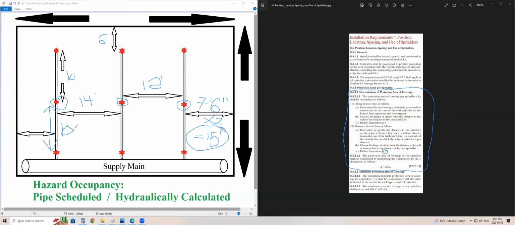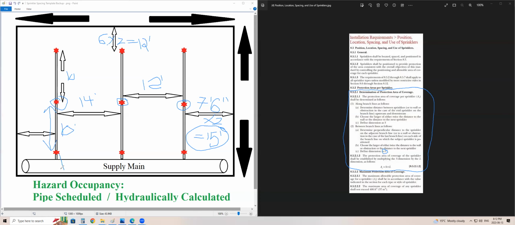Well, based on this chart, if I've got 6 feet and 10 feet, I have to multiply the distance to the wall by 2. So 6 times 2 equals 12 feet. So what's bigger, 12 feet or 10 feet? Well, 12 feet is bigger.